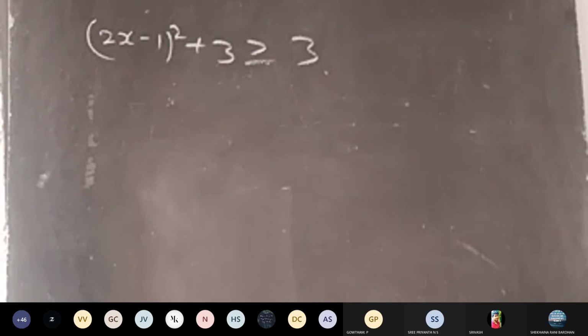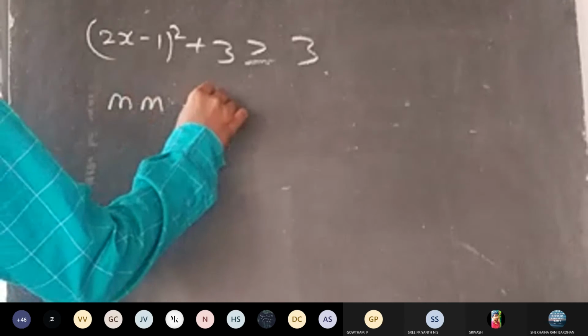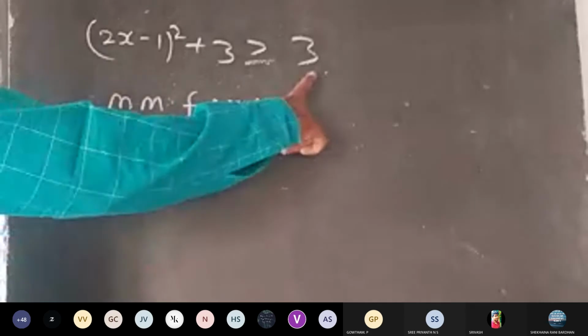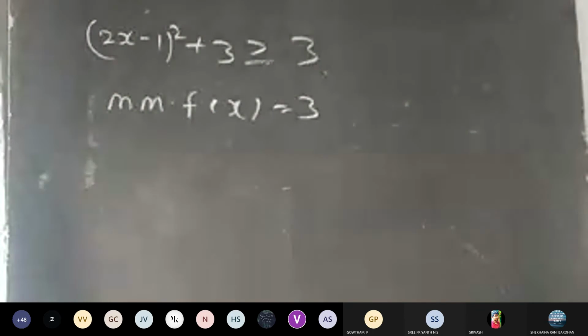Here minimum f of x value is 3. The maximum value is constant.